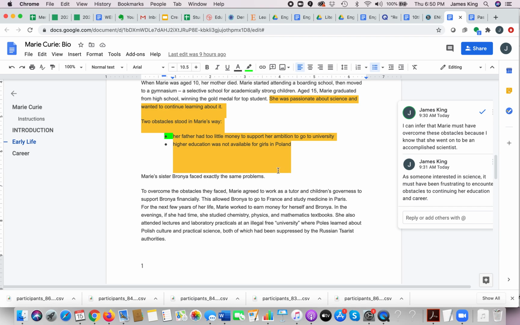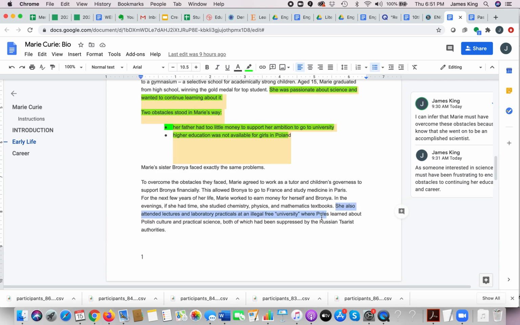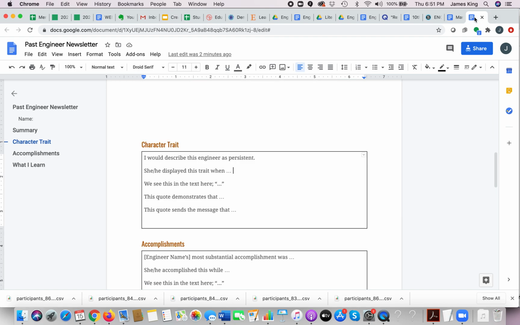But I know that despite the obstacles she faced, she attended lectures and laboratory practicals, or like lab sciences lessons, at an illegal free university. Okay. So that shows her persistence, I think.